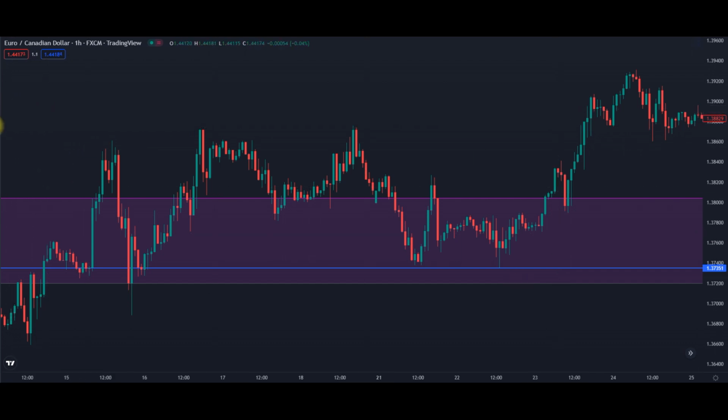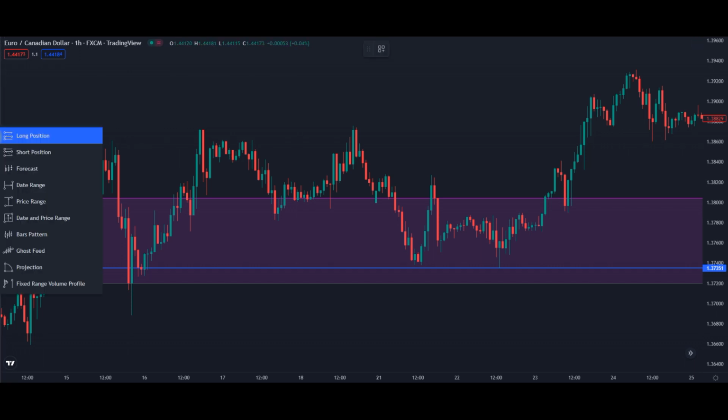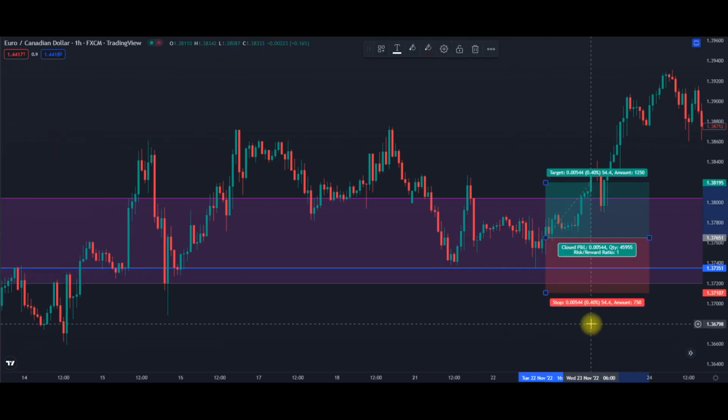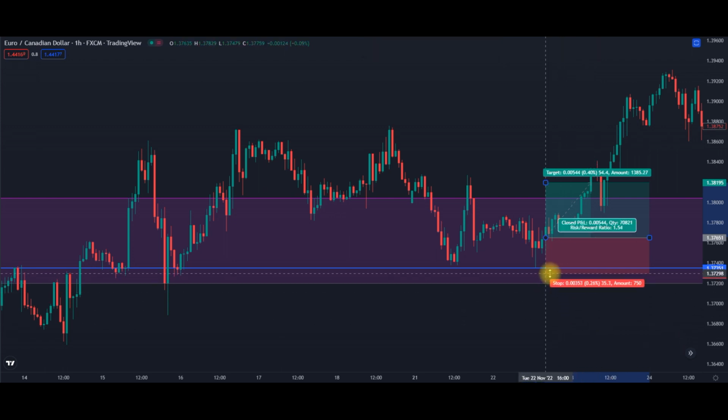So let's place our trade, which also brings us to step number 5, which is put always a stop loss to your trade. Here you can see we will put the stop loss 10 to 20 pips below the last low.